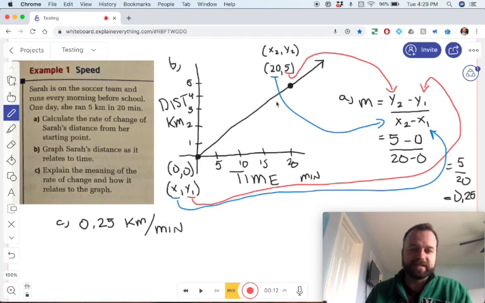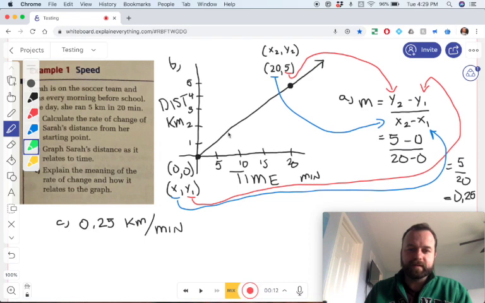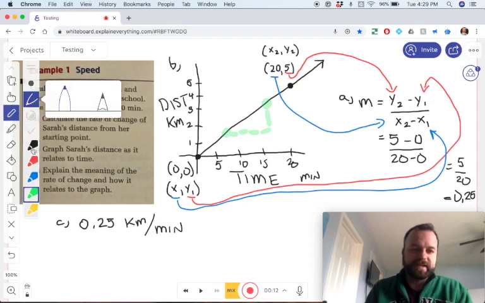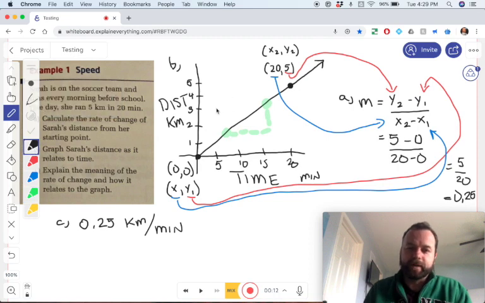That's the slope of this line. If I used any 2 points on this line and found the rise and the run, no matter what 2 points I picked, I would always see that my slope worked out to 0.25.